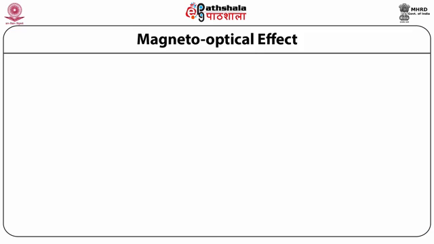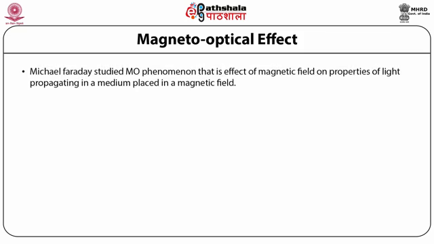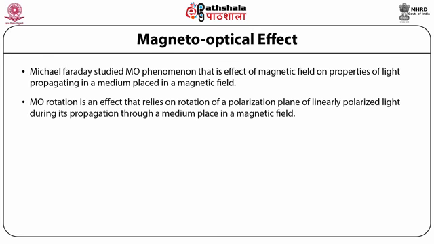Magneto-optical effect. Michael Faraday studied the magneto-optical phenomena, that is the effect of a magnetic field on the properties of light propagating in a medium placed in a magnetic field. So magneto-optic rotation is an effect that relies on rotation of the polarization plane of linearly polarized light during its propagation through a medium placed in a magnetic field.